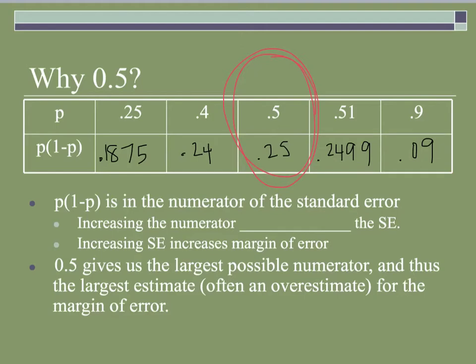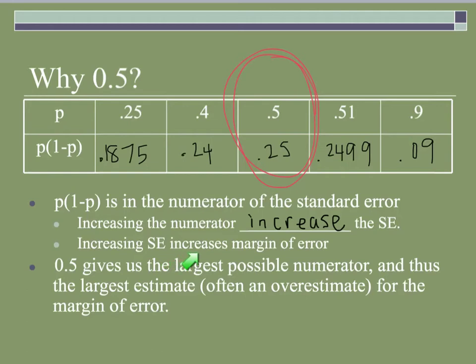So again, since p times 1 minus p is in the numerator of the standard error, increasing the numerator is going to increase the standard error, and thus it will increase the margin of error.